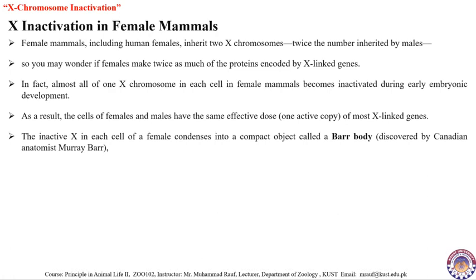The inactive X in each cell of a female condenses into a compact object called a bar body. So one X chromosome is functional, while the other X chromosome becomes condensed and inactivated, and this inactivated, darkly stained body is called a bar body after the Canadian anatomist Murray Barr, who discovered them.